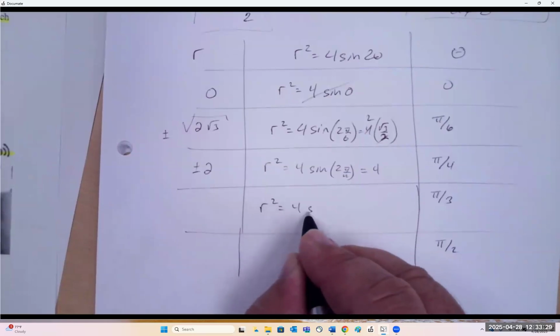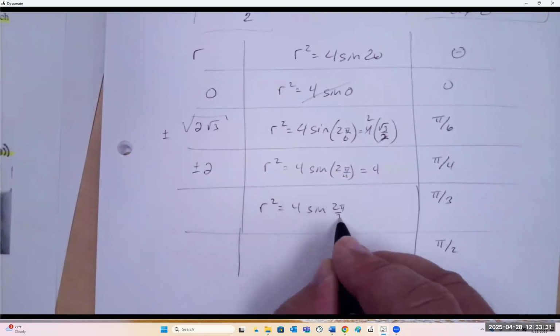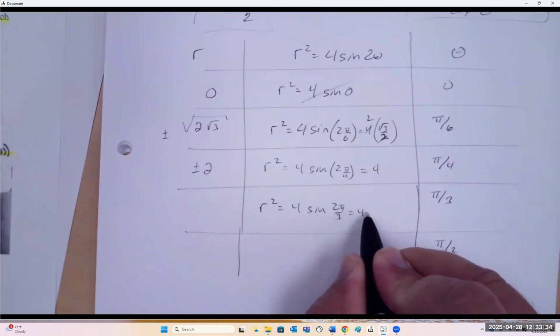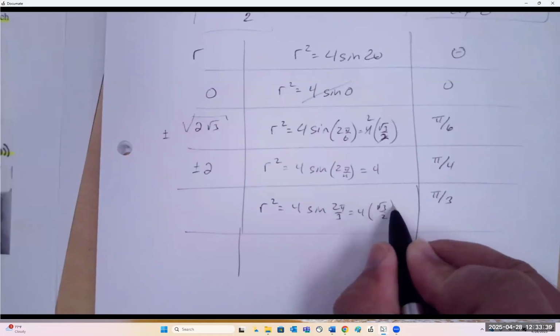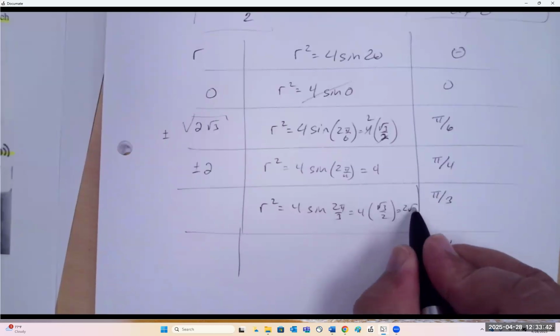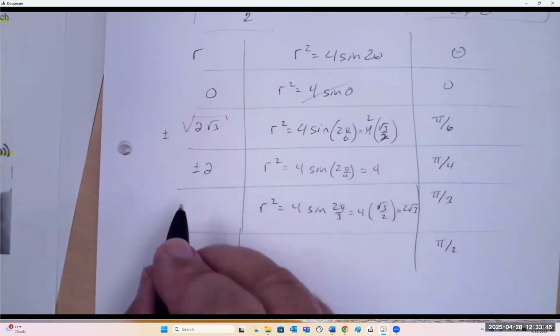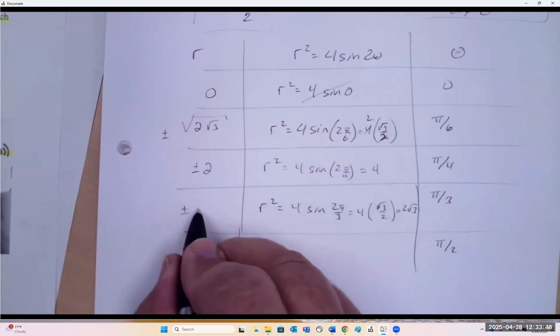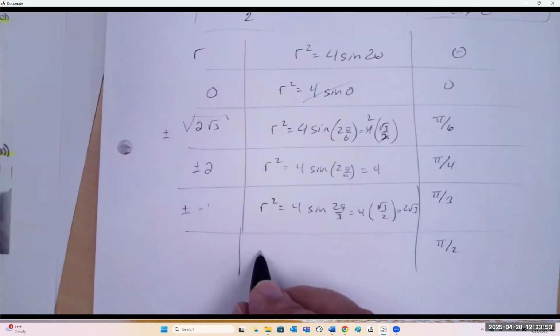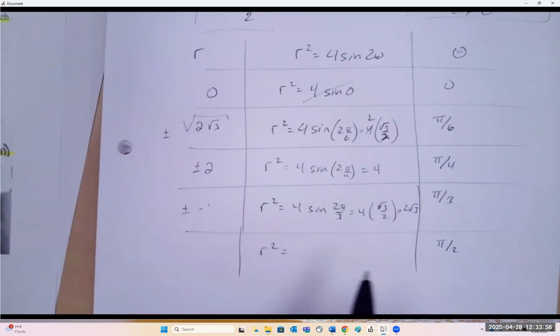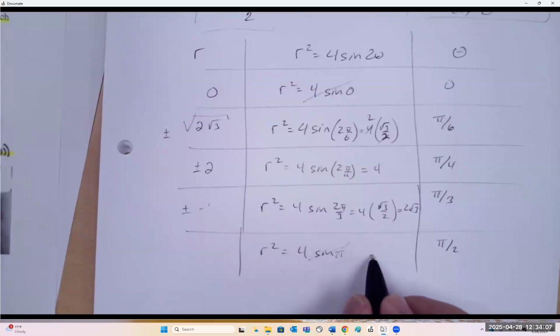Pi over 3: r squared equals 4 sine 2 pi over 3, 4 radical 3 over 2, 2 radical 3, square root that, plus or minus just under 2. Pi over 2: 4 sine of 2 times pi over 2 is pi, so that goes to 0.